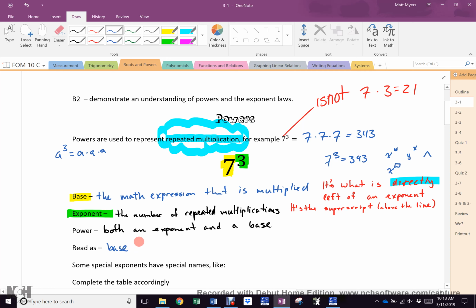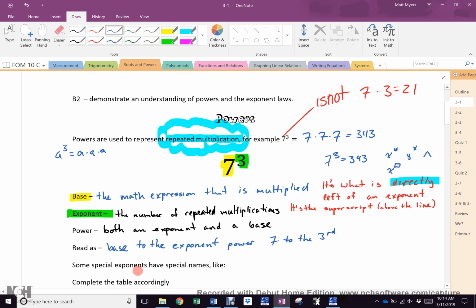And this, of course, we read all of these as the base, whatever the base is, and then we say to the exponent power. So this is 7 to the third. If it was a 4, it would be 7 to the 4th, 5th, 6th, and so on.